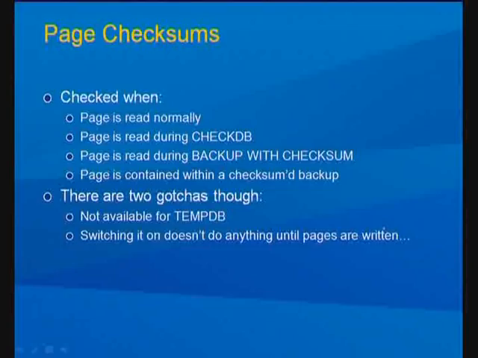So read retry I mentioned earlier on. This is actually a feature that I don't agree with. What it is in 2005, if we try to read a page and we get a page checksum failure, we don't instantly stop. We'll try 3 more times. And if on, say, the 4th time it works, then the user doesn't know any problems.